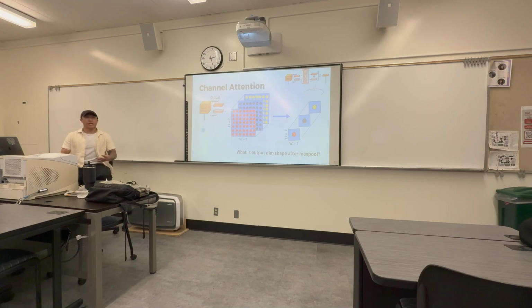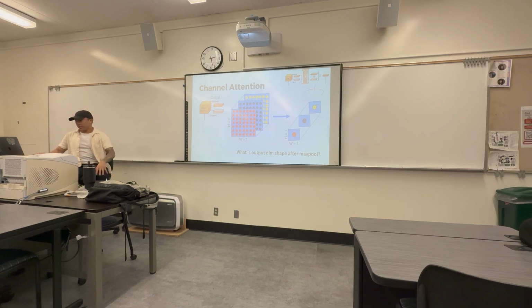CNNs inherently have a very local look. If you remember, it's a 3x3 kernel that scans the image. So every time it scans, it's a local view of a 3x3 matrix. This is a global view, which means we're capturing the essence of the entire feature, the entire matrix. Does that make sense?